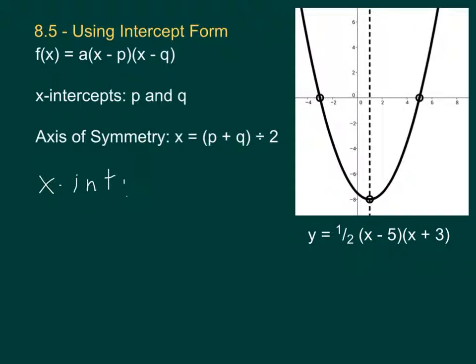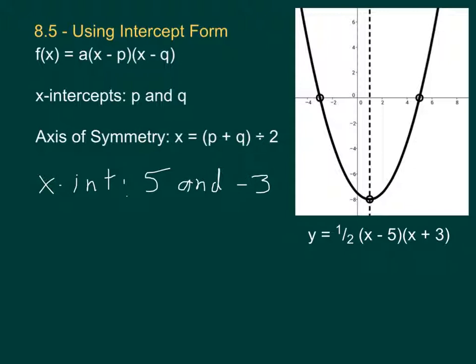What value of x will make that 0 is 5. 5 is being subtracted from x. So 5 is my first x-intercept, and the other one is whatever's being subtracted from x in the second binomial factor. Well, it's x plus 3, so I think of that as x minus the opposite of positive 3, which is negative 3.